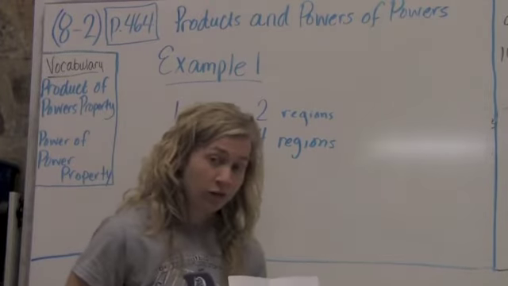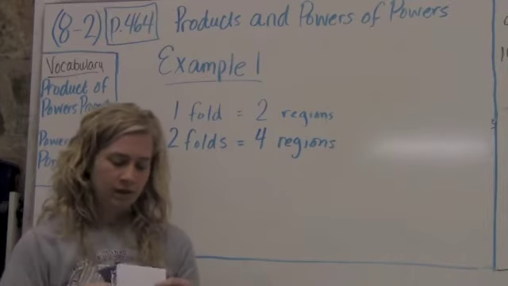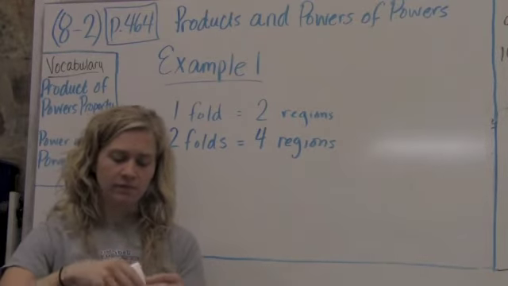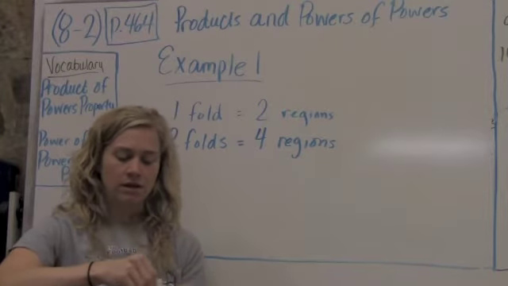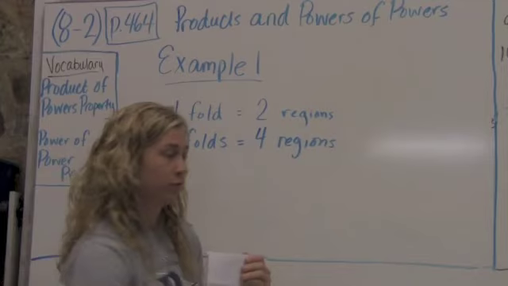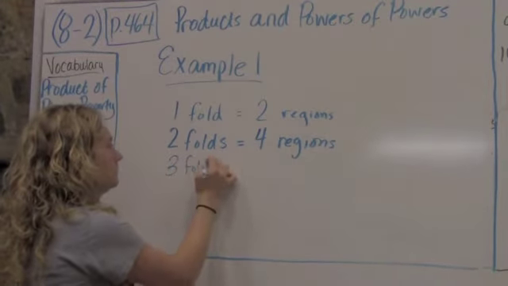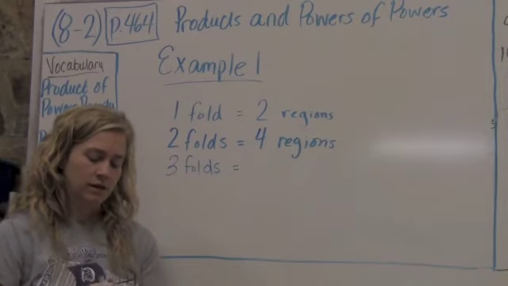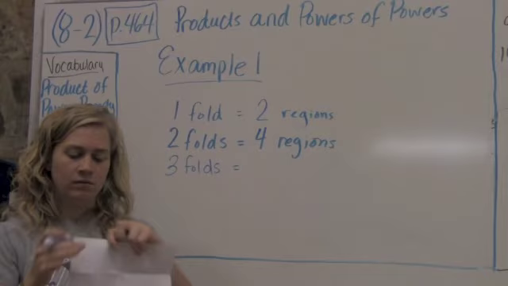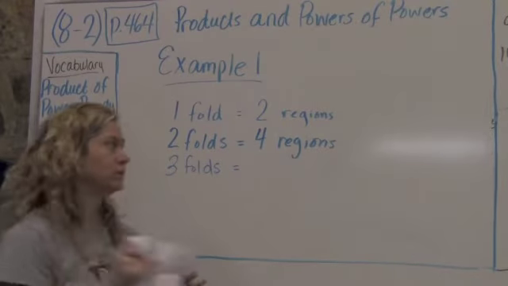If I wanted to fold a third time, this is 2. I'm going to fold down this time, so the opposite direction, each time interchanging directions. Okay. So I've now folded 3 folds. And when I open, you can see that I now have 1, 2, 3, 4, 5, 6, 7, 8 regions.